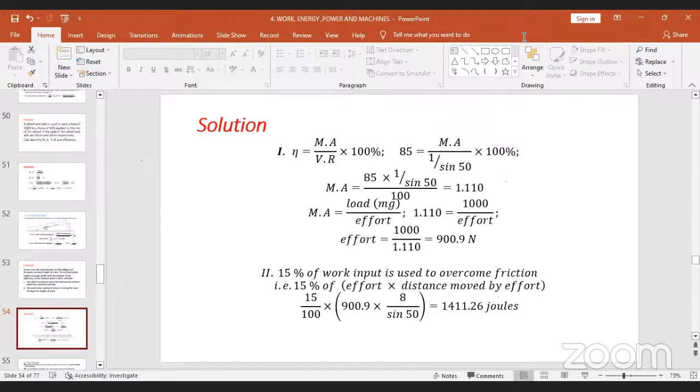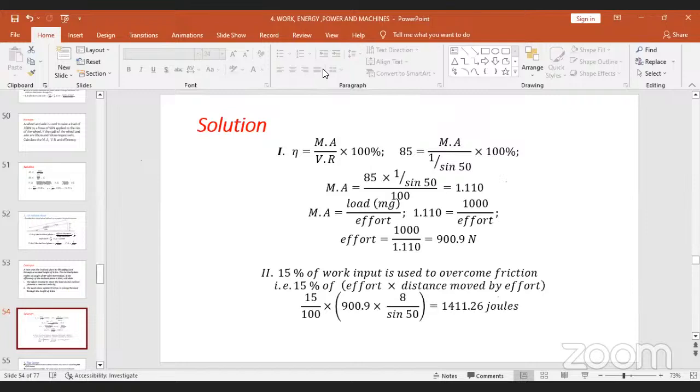Abdi Malik, Mohammed, you have raised your hand, yes? Effort times the distance moved by the effort. No, I'm asking where the 15% comes from.